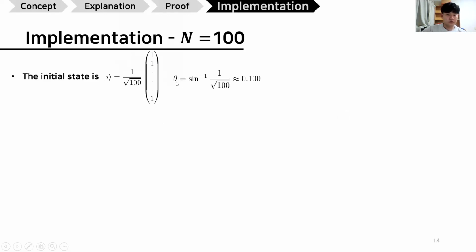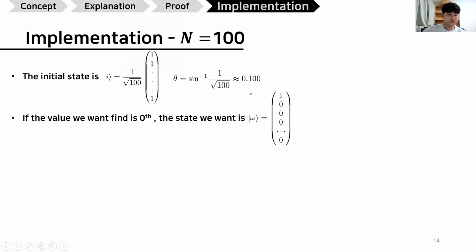So the angle for finding the proper solution is arcsine of 1 over square root of 100. If the value I want is the zeroth value, our answer state is 1 and the other values are 0.